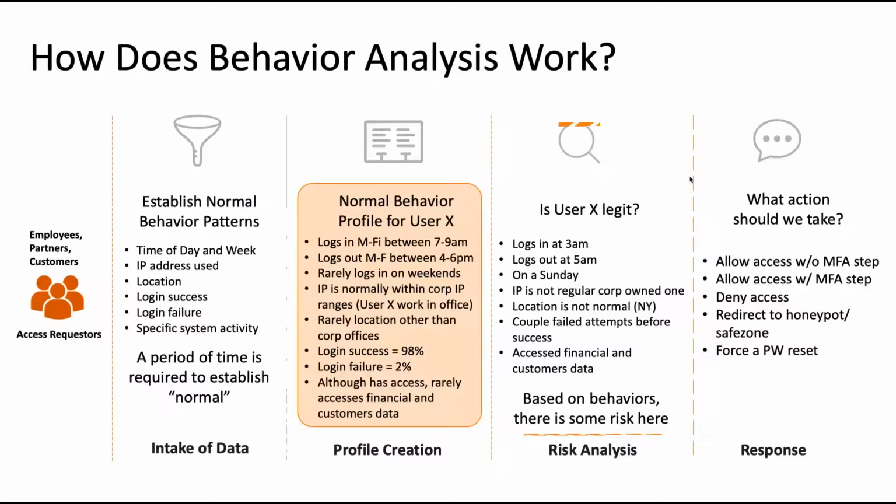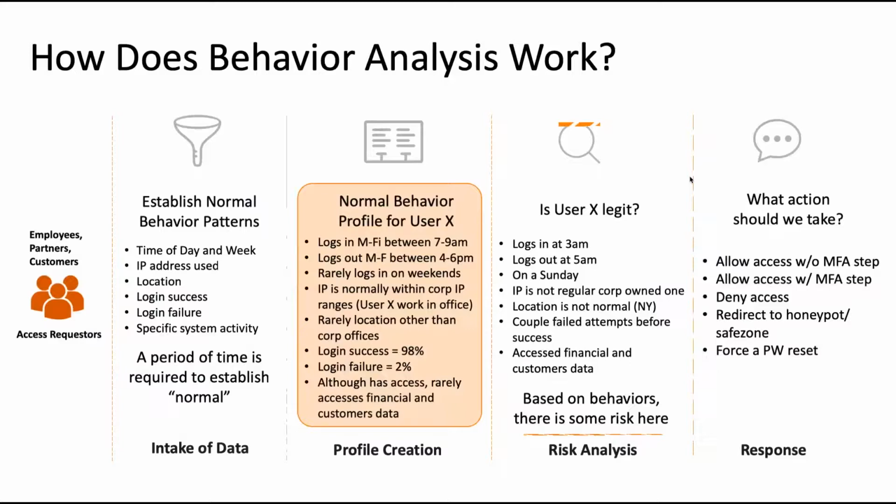So based on behavior analysis results alone, we may just require a successful multi-factor authentication step before granting access. But if other risk checks showed, like, the IP was from an anonymous proxy, or we got a hit on our threat sheet of malicious IPs, or we didn't recognize the device, we would likely recommend forcing a password reset or denying access altogether.